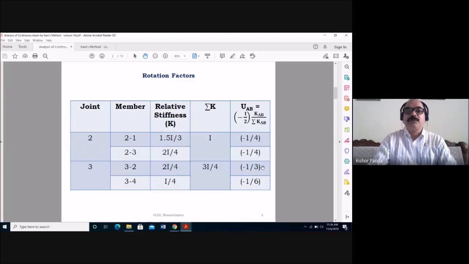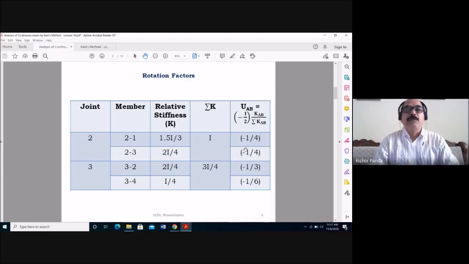What is the sum of these two? This is also minus half. So always check whether the sum of the rotation factors is coming minus half or not. If that is not coming minus half, then your calculation is wrong. If you are getting minus half, then your calculation is correct. That's why always check that the sum of the rotation factors at each joint should be minus half.